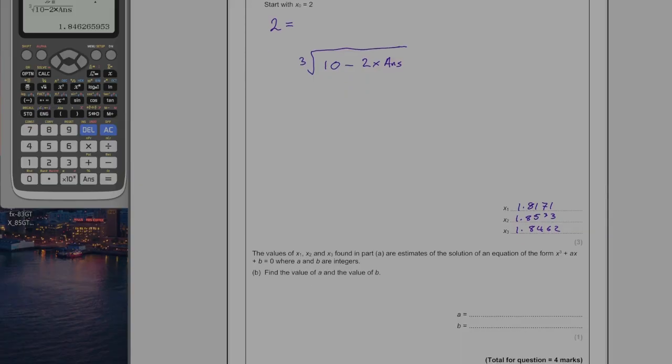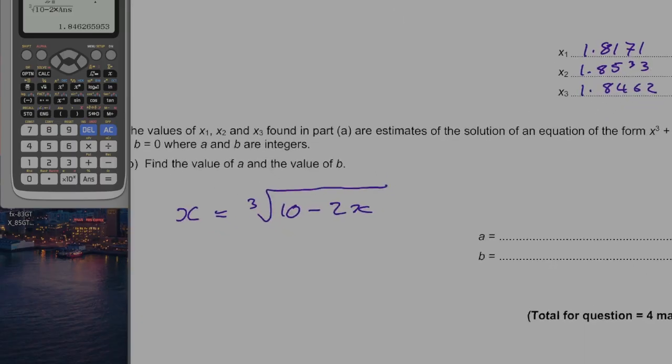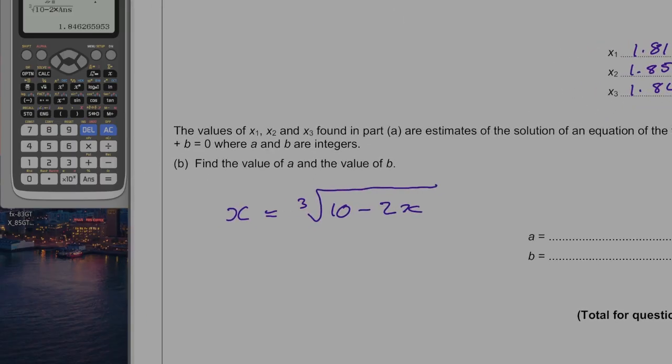what I'm going to do is start with the equation, and I'm not going to write these subscripts. I'm just going to write them as x to start with. So x is equal to the cube root of 10 minus 2x. Right, so I'm going to cube both sides now, and that will give me x cubed is equal to 10 minus 2x.